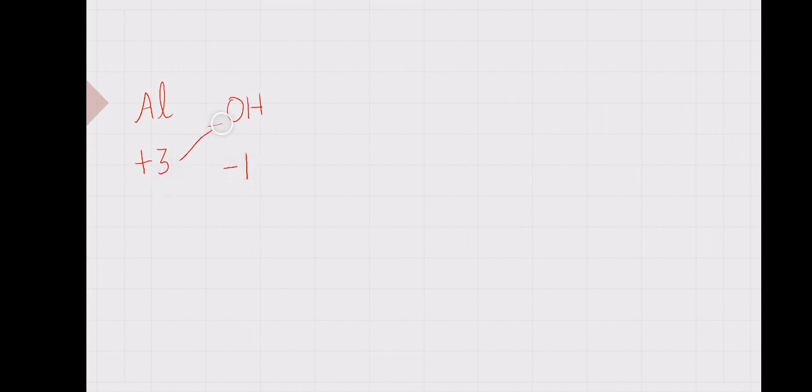So when I crisscross, I will get Al. The -1 we need not mention since it is 1. OH now has a subscript 3, so let us write it inside the bracket. So the formula is Al(OH)3. This is the formula for aluminium hydroxide.